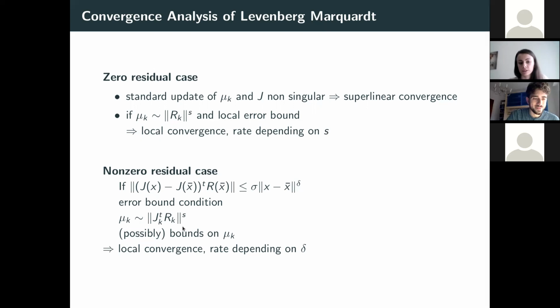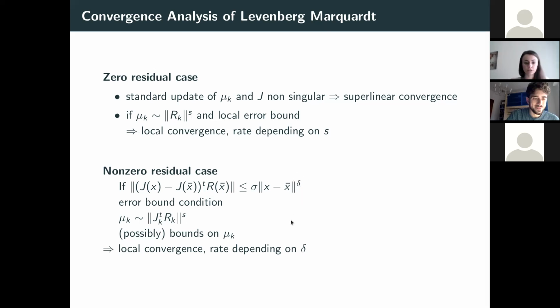This is because in this case, this number doesn't go to zero. So we could be close to a solution and this RK could still be huge. So the gradient is usually a better choice. And in this case, we still get local convergence, and the rate of convergence depends, in this case, on this delta here.